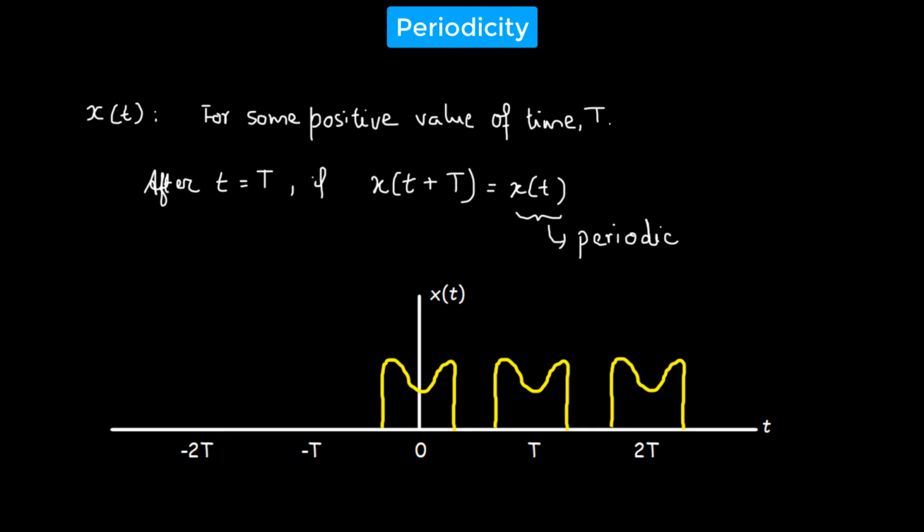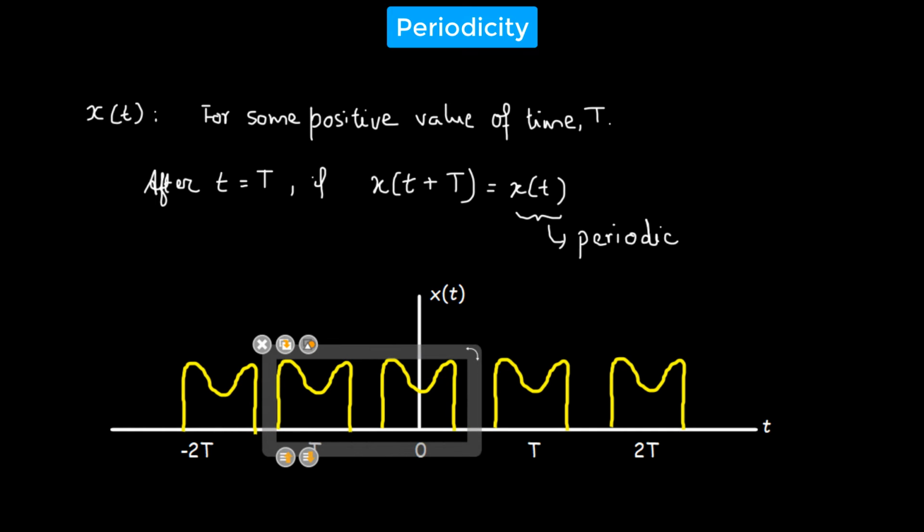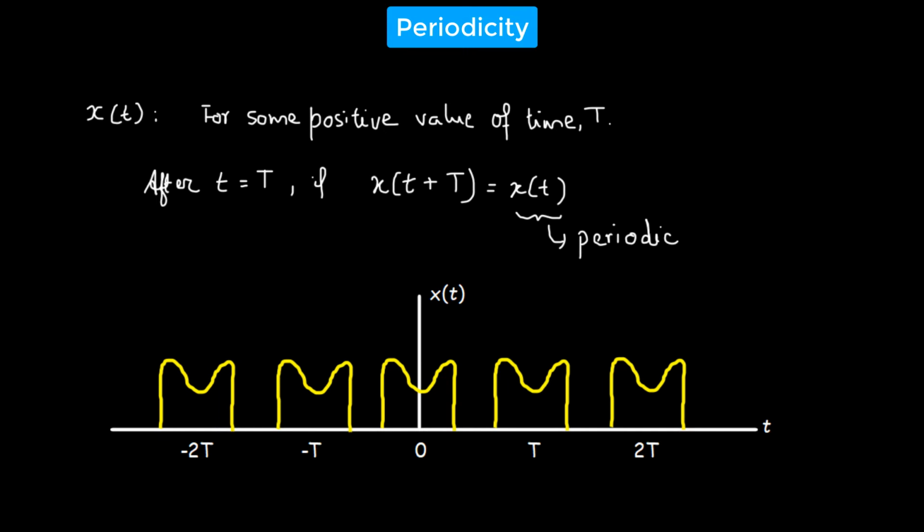So here we see that the continuous time signal x of t is repeating after every T interval. We could do that on the negative axis as well. So this is an example of a continuous time signal which is periodic with a period of T. This is going to continue on the left hand side as well as on the right hand side.